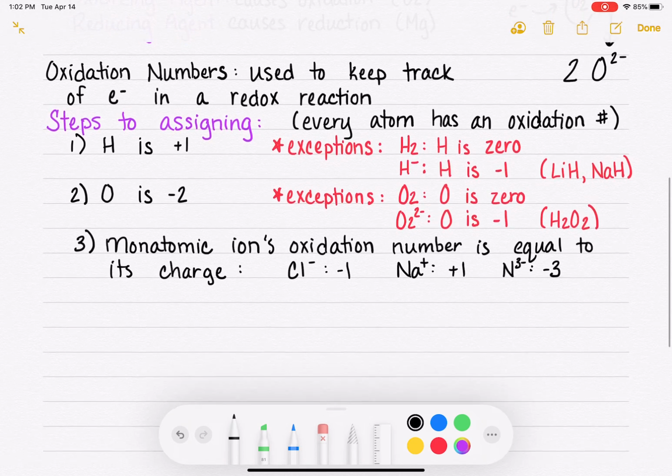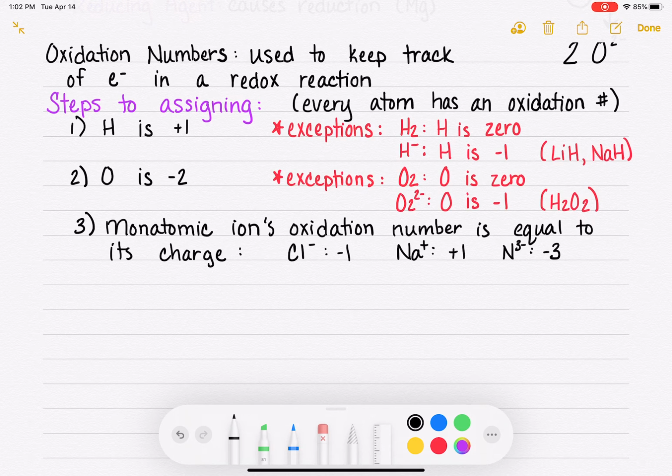And sometimes it's easy for us to see the oxidation number of these ions because they're just written individually all by themselves, like Cl- or Na+ or N3-, but sometimes we might see an ionic compound like NaCl, and then we would have to remember the charges on those individual ions before we could assign their oxidation numbers. So we'll have to remember how we come up with the charges on the ions.